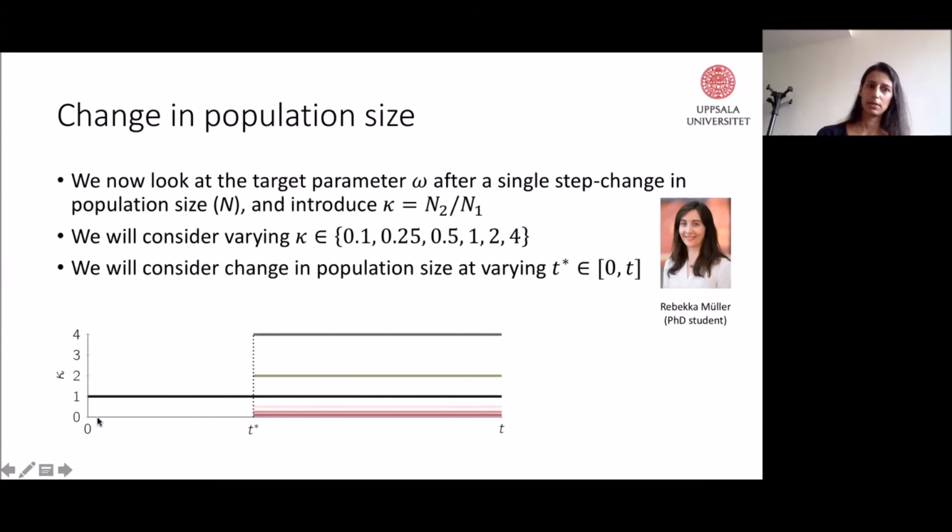This can be at the very beginning or at the very end; it's more or less our choice. We can put it where we wish, and then we consider a decrease in population size for kappa smaller than 1 or an increase in population size for kappa larger than 1. So then we have this step change for the different kappas.